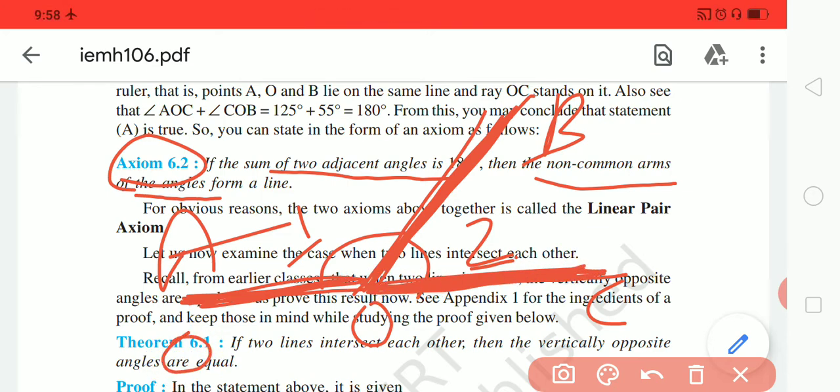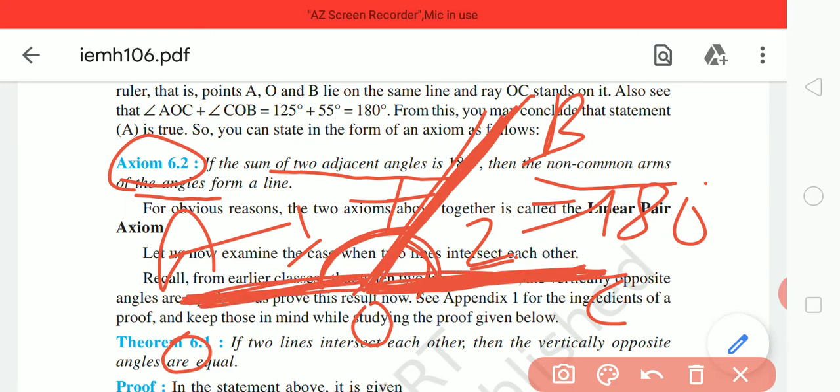Now if you add these two angles, 1 and 2, you will get completely 180 degrees, right? So if it is 180 degrees, what can you say? The non-common arms form a straight angle, and a straight angle is of 180 degrees, you know that.